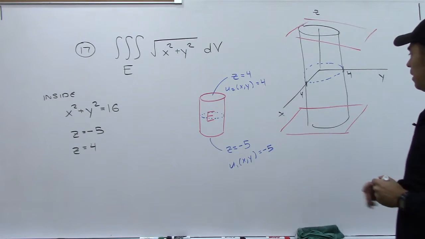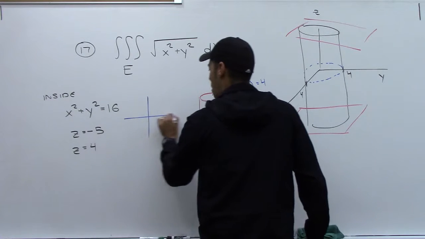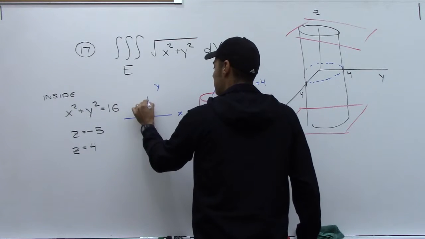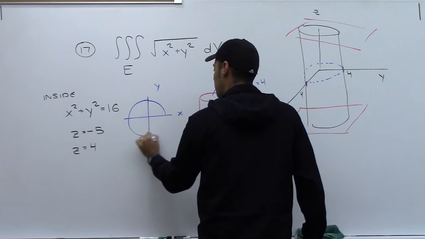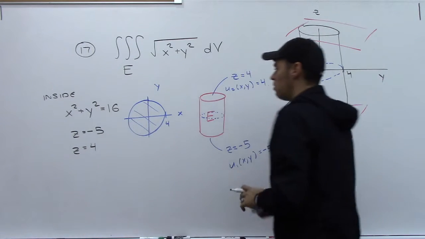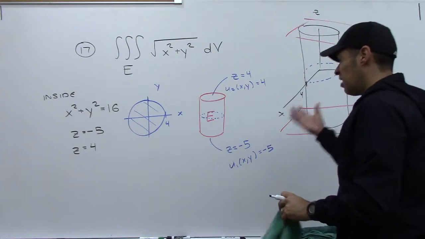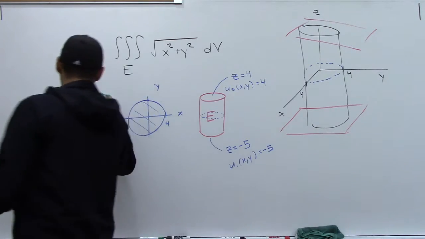But my region of integration in the xy plane is a circle radius 4. So this is perfectly suited here for a polar region. So I'm going to convert this from Cartesian to cylindrical, which is basically polar.